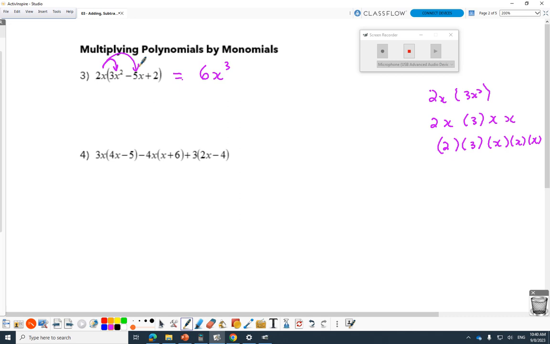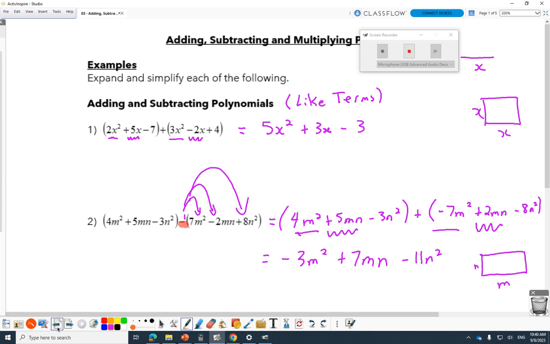Yes. It's whatever you need it to be. It's no problem. It's interchangeable when you need it to be. So 2x times negative 5x is negative 10x squared because it's x times x. It's just an area.